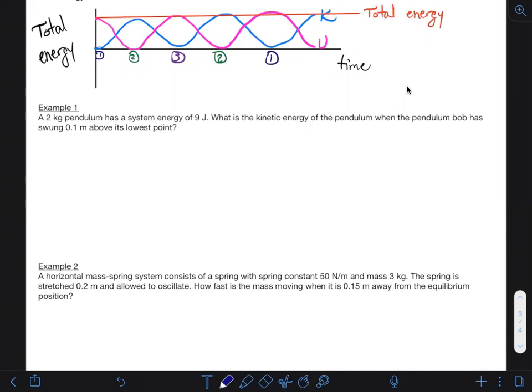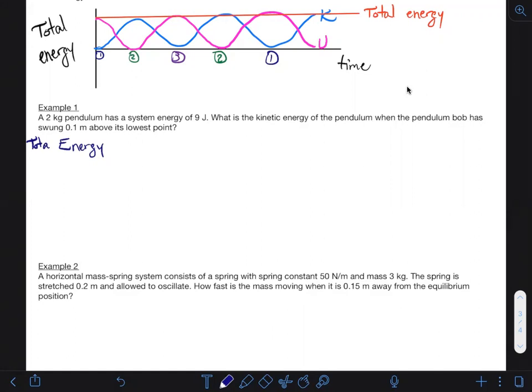lowest point? Okay, so I know that for a pendulum, the total energy of our pendulum bob is always going to be the combination of kinetic energy and gravitational potential energy of the pendulum bob.